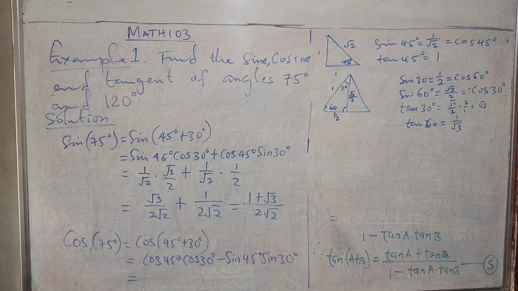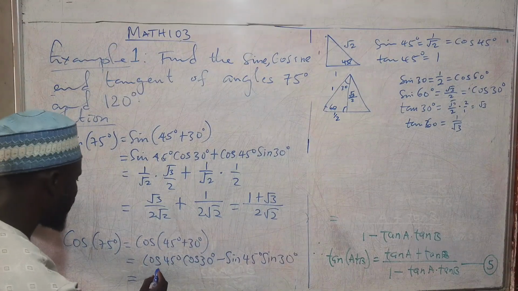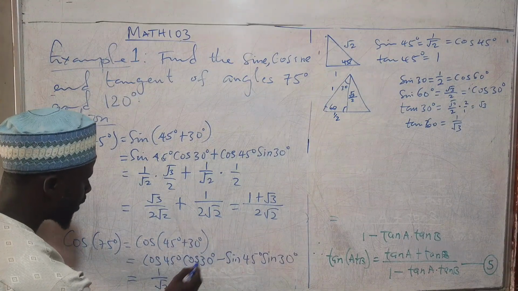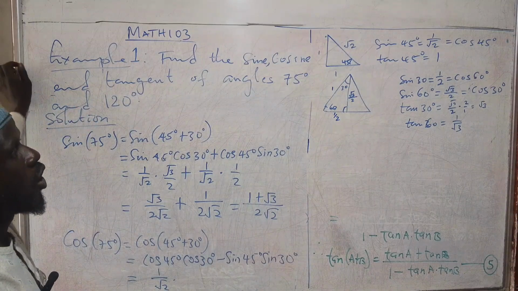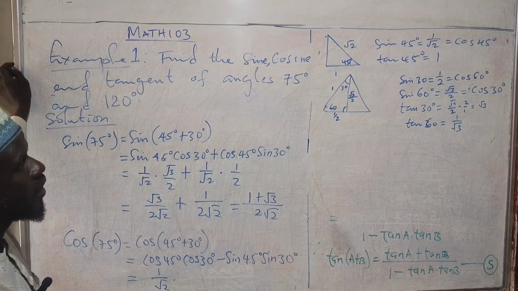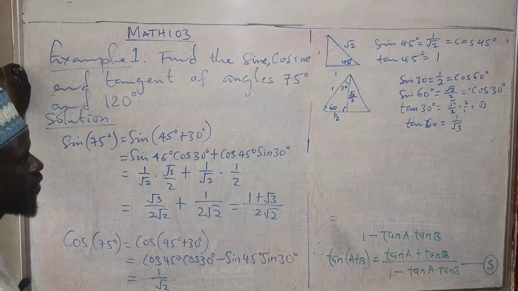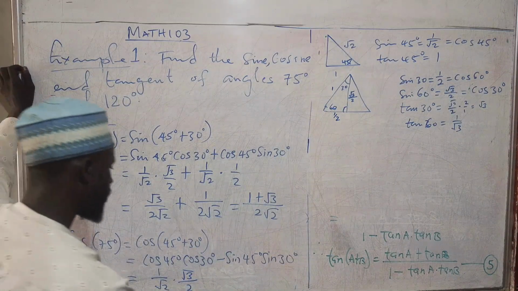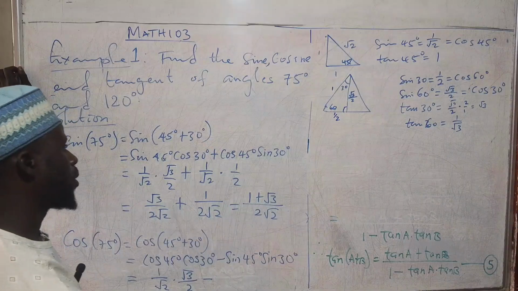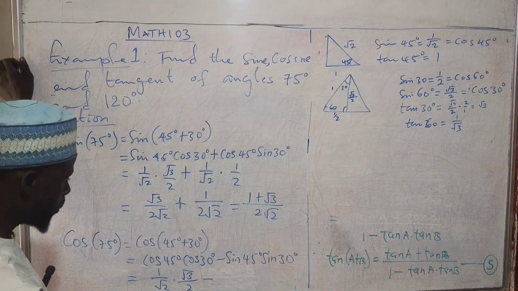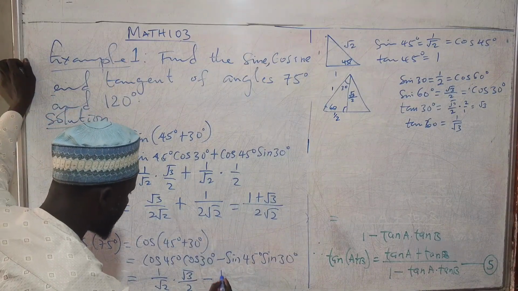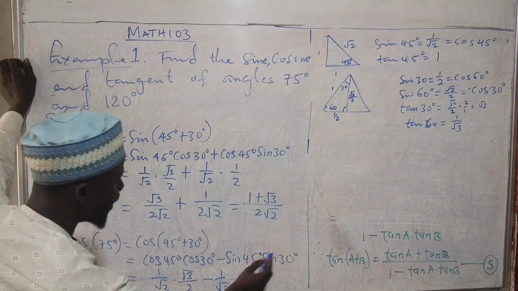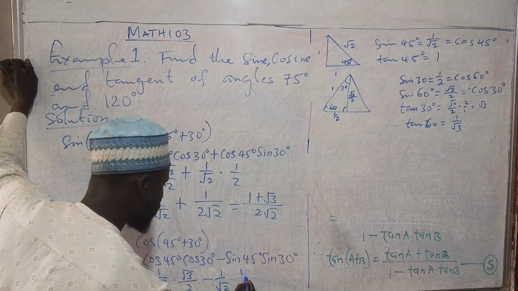But what is cos 45? Cos 45 is 1 over root 2. What is cos 30? Cos 30 is root 3 over 2. So I have root 3 over 2 minus, what is sine 45? Sine 45 is 1 over root 2. What is sine 30? Sine 30 is 1 over 2.